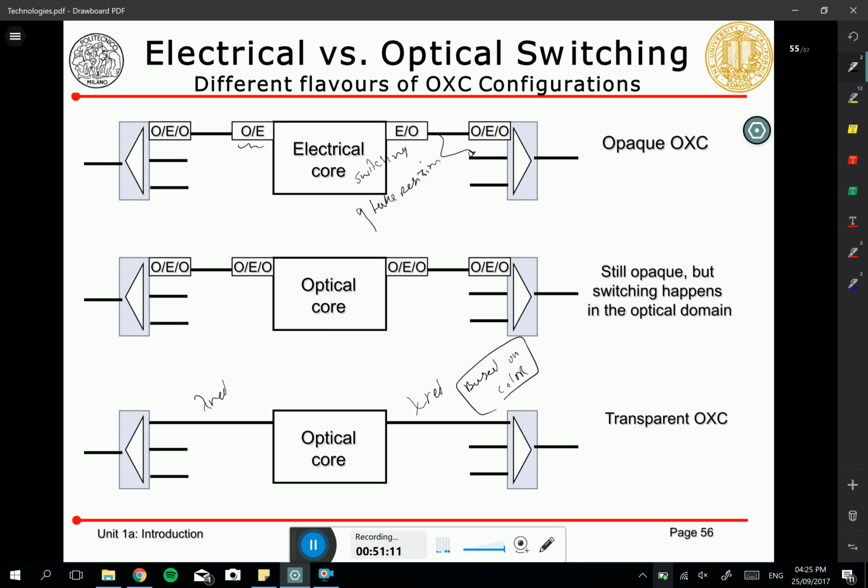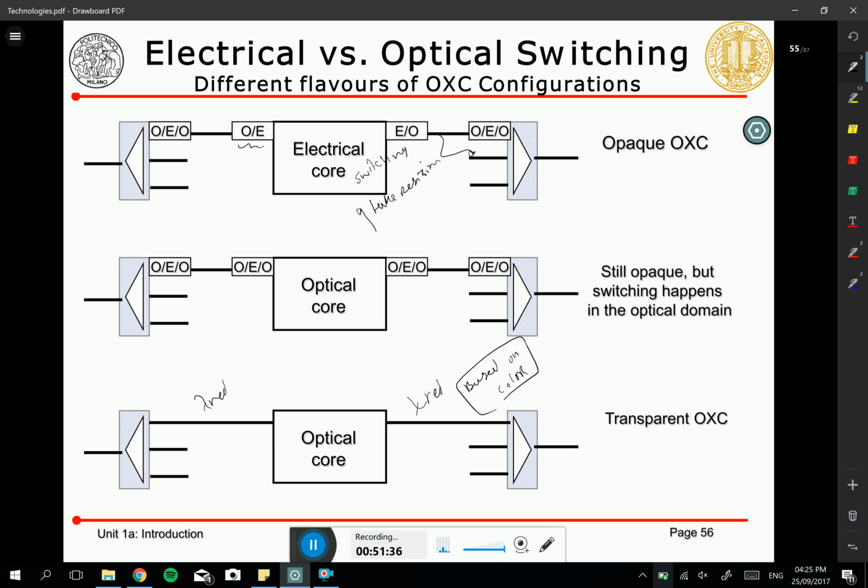So first comment. This is very marginal with respect to the discussion that we're having. Anyway, what happens in reality when you have an electrical switch in a real system is that you first terminate what is called the long haul wavelength.